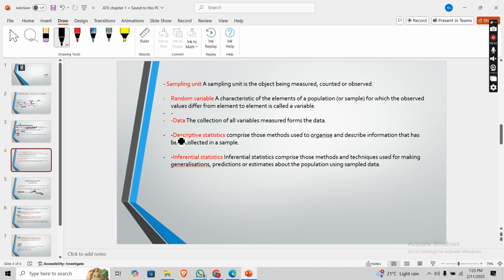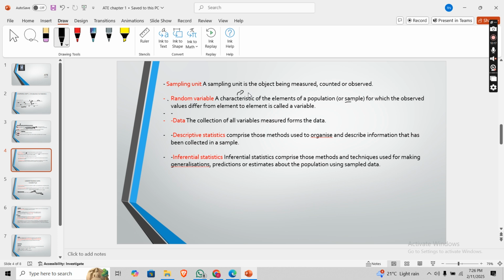So we have also a random variable, okay? What's a random variable? A characteristic of elements of a population or sample for which the observed values differ from element to element is called a variable. An example of a random variable would be that if I measure the height of students in the lecture hall, my random variable would be that height.